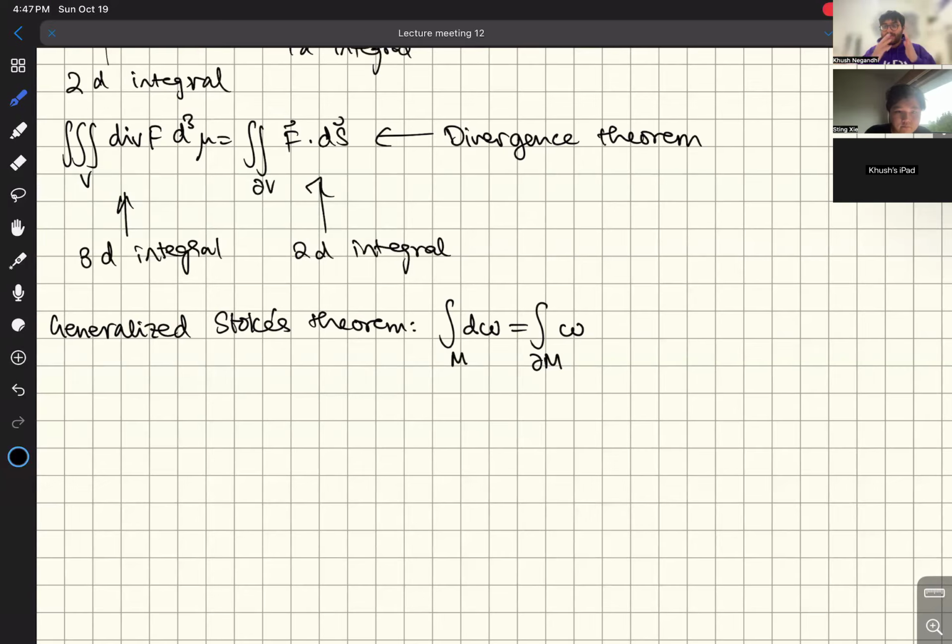The integral of the derivative of something is nothing but the integral over the boundary of just the thing itself. This one theorem will be used extensively, and it's used everywhere, a lot of the times without explicit mention. But we'll see that this is actually a very important theorem for us.